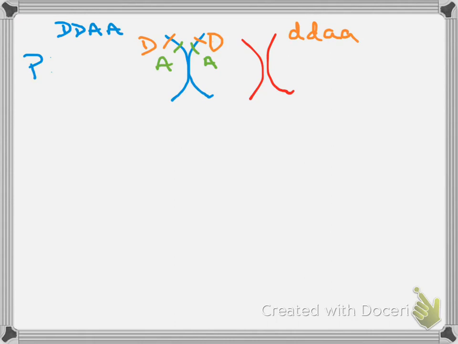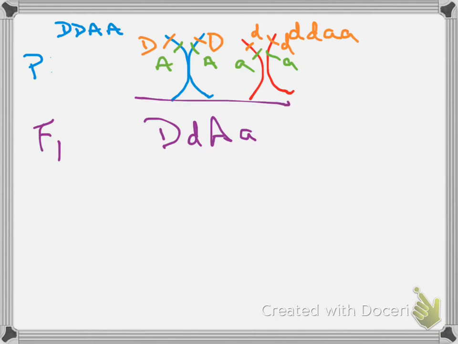And we know that little d will be there, and little a will be there. So this offspring, the F1 generation, will all be big D, little d, and big A, little a. This is their homologous pair.